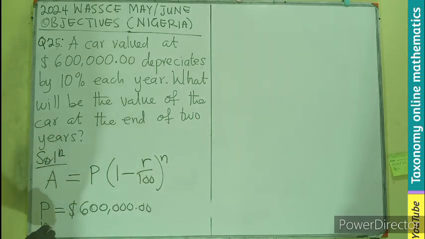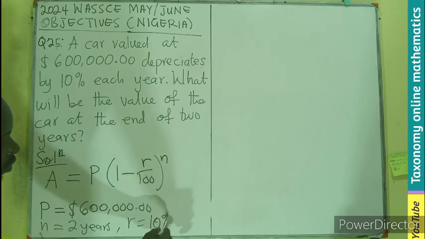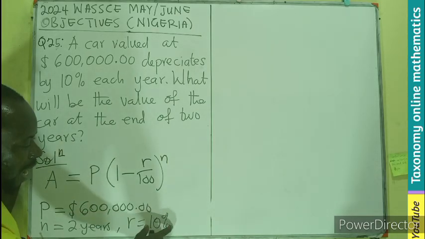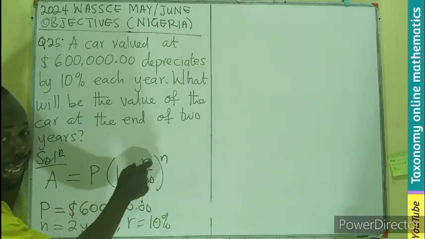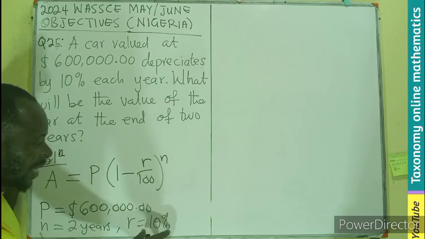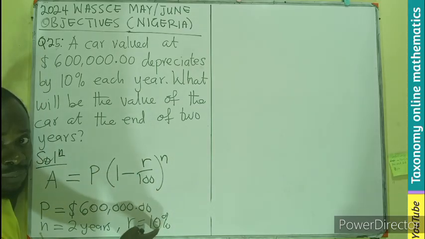N is the number of years, which in this case is 2 years. R is the percentage given to us. Because it's a percentage, we are not going to write the 10% on top of the 100; the whole of this represents the percentage, so we only put 10 over 100.